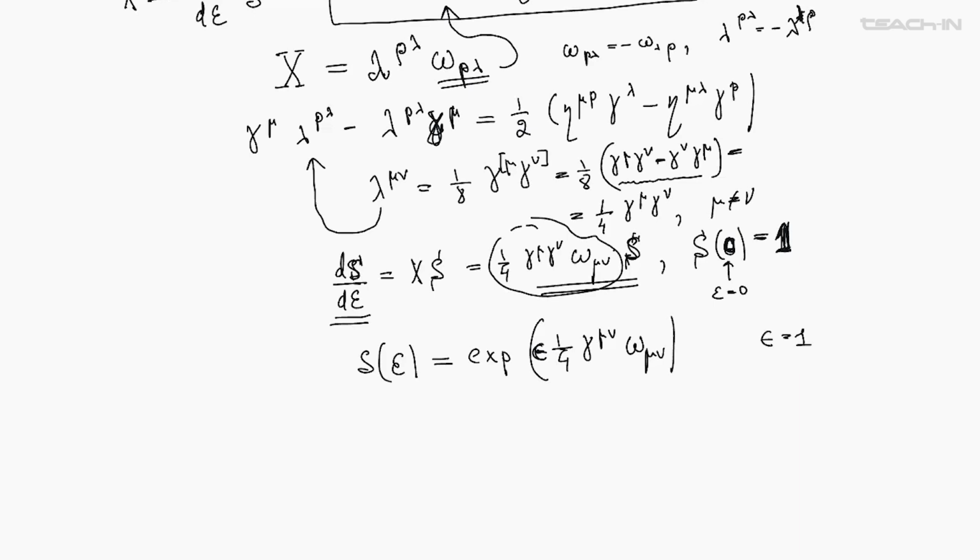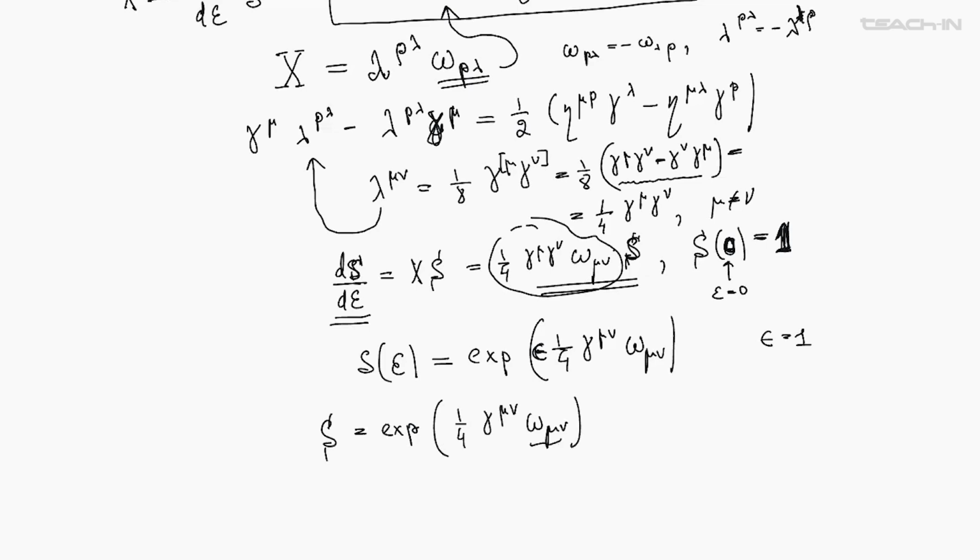And then the final form of the corresponding transformation S is taken as the exponential of 1/4 gamma mu gamma nu omega mu nu, which you can also write, due to the skew symmetry of the matrix omega, or of this tensor with two indices omega, in the following form.